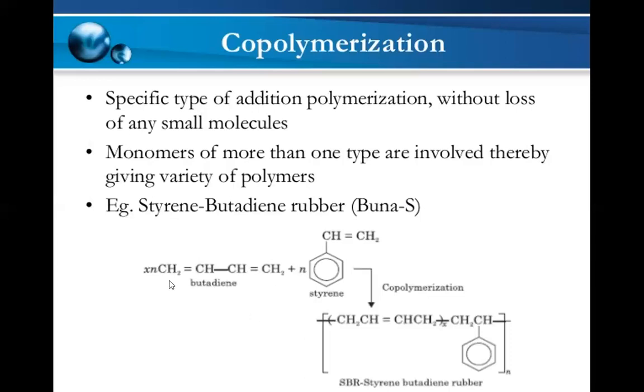Butadiene means 4 carbon atoms in a long chain bearing 2 double bonds, 1,3-butadiene. And this is the structure of styrene, C6H5CH=CH2, which undergo copolymerization and form styrene butadiene rubber.